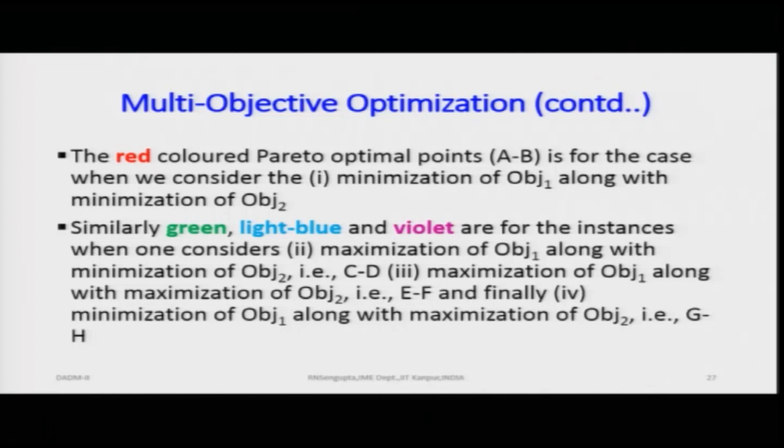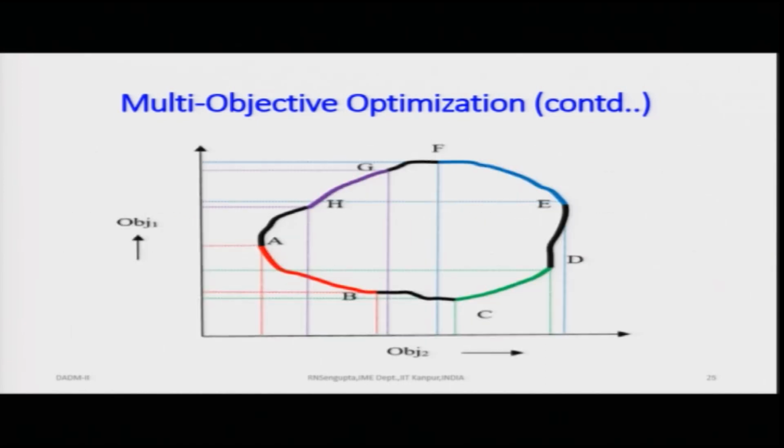If I similarly consider the green, light blue and the violet one, these are the instances: maximization of objective 1 with minimization of objective 2, which is for the green one. For the light blue one, it is maximization of objective 1 and maximization of objective 2, and finally, the violet one will be minimization of objective 1 and maximization of objective 2.